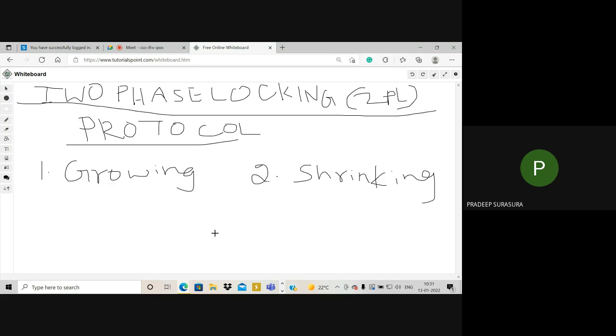Growing phase means acquiring the lock, so any process or transaction that wants to access the data must acquire either a read lock for multiple processes simultaneously, or a write or exclusive lock for only one process at one point of time. This is called the growing phase.